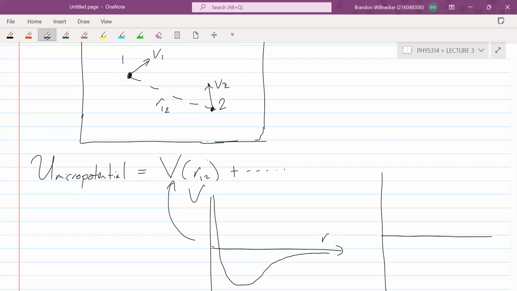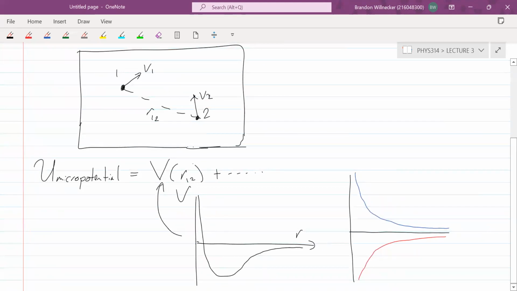And that might look something like this, 1 over r, or something like that, depending on if it's two positive charges or two negative charges. So whatever potential you have between the particles, you add up all of that together, and then you get the micropotential. Again, emphasis on the micro part.